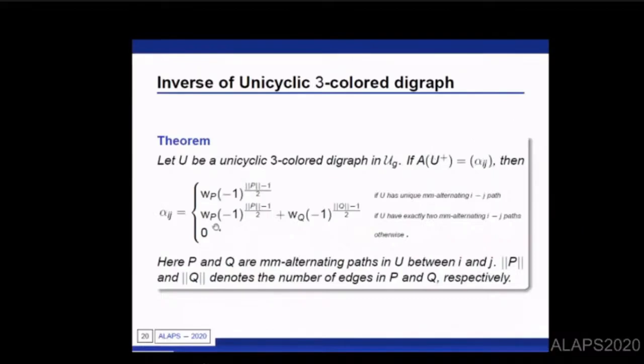This W(P) is nothing but the weight of that alternating i-j path. Now, what is an alternating i-j path? An alternating i-j path is an alternating path where the beginning edge is a matching edge and the ending edge of the path is a matching edge, and it is alternately matching, non-matching, matching, non-matching edges. That type of path is called an alternating path.